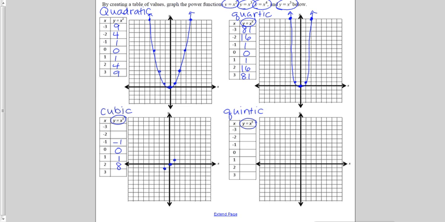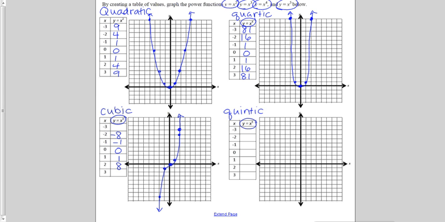2 to the 3rd is 8. Negative 2 to the 3rd is -8. So when I plot this, it makes a little bendy shape. I think this point's off.